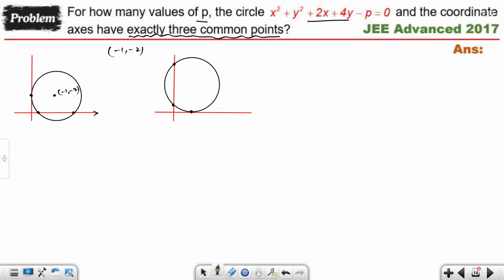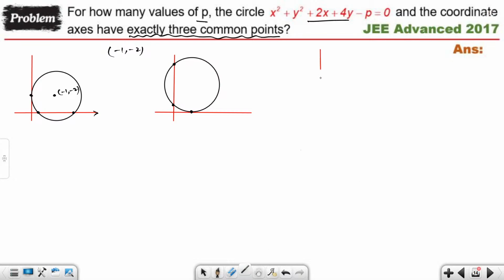Is there any other possibility where the circle and the coordinate axes will have exactly 3 common points? Please do comment immediately. Yes, there is another possibility. What is that?